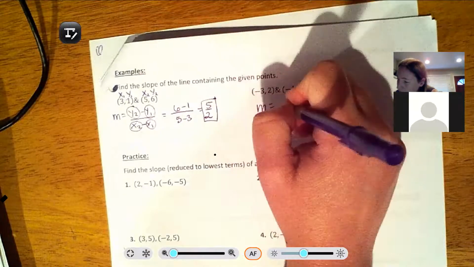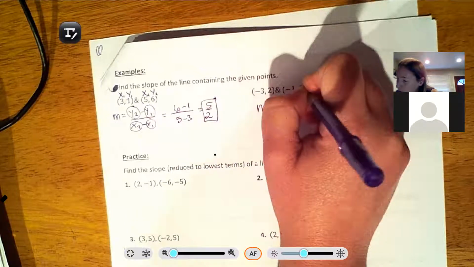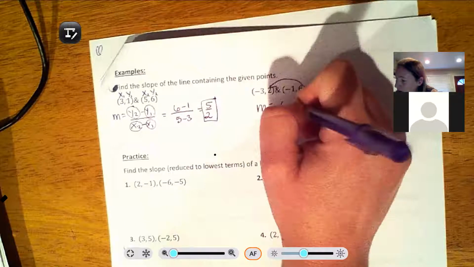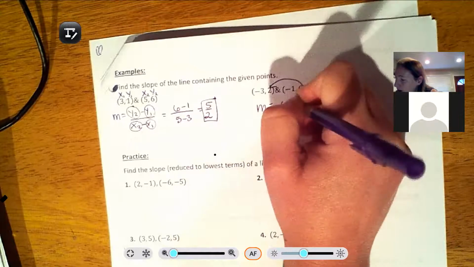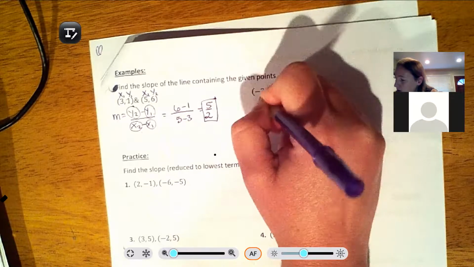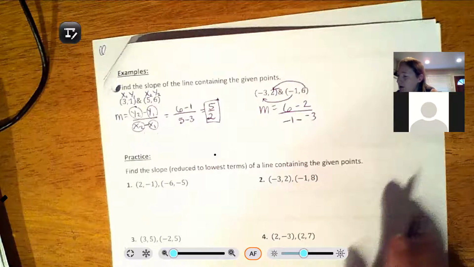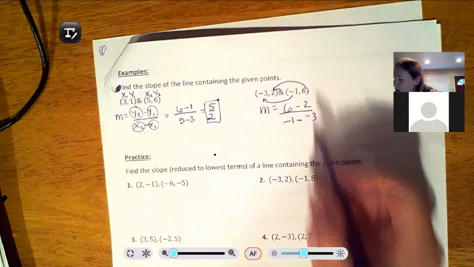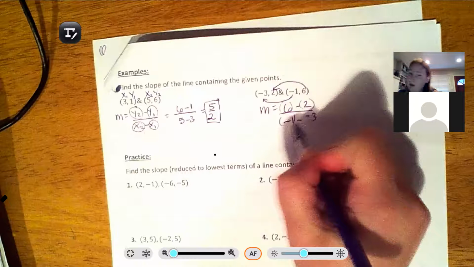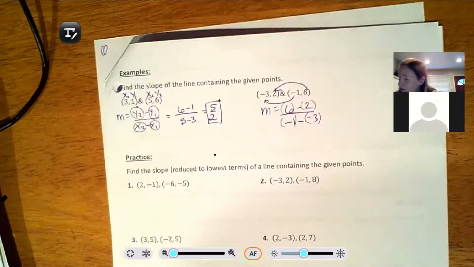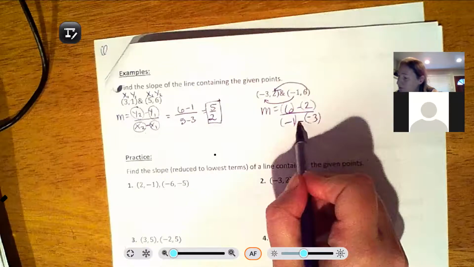So here we're going to have y2 minus y1 over x2 minus x1. So minus is part of the formula. So we can plug in, but we'll have minus as part of the formula and then a negative.